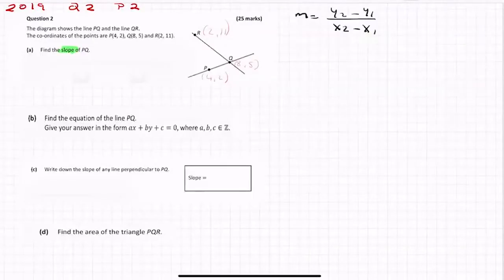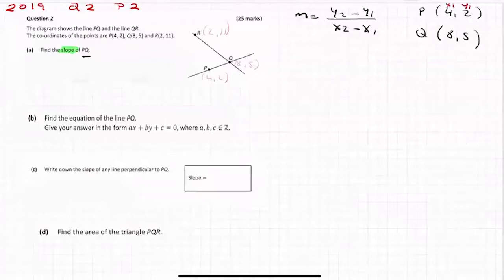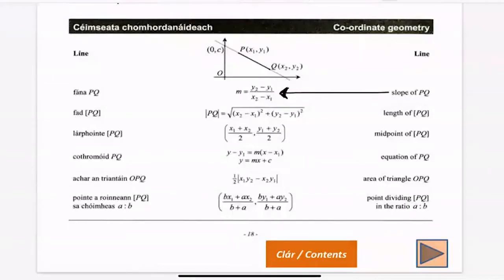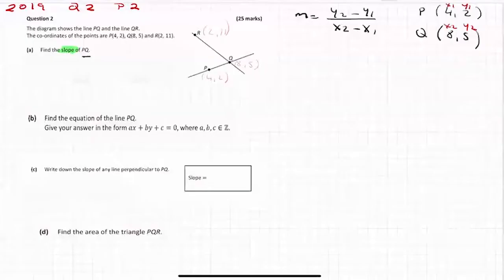Okay, then you take the lines. If it's PQ that you're asked for, well then the point P is 4, 2, the point Q is 8, 5. And I label them: x1, y1 of my first point, x2, y2 of my second point. Like I said, if you forget, like we all do, it shows you here how to label the points. And then you sub them in. So slope becomes, instead of y2, I put in this value here, y2.